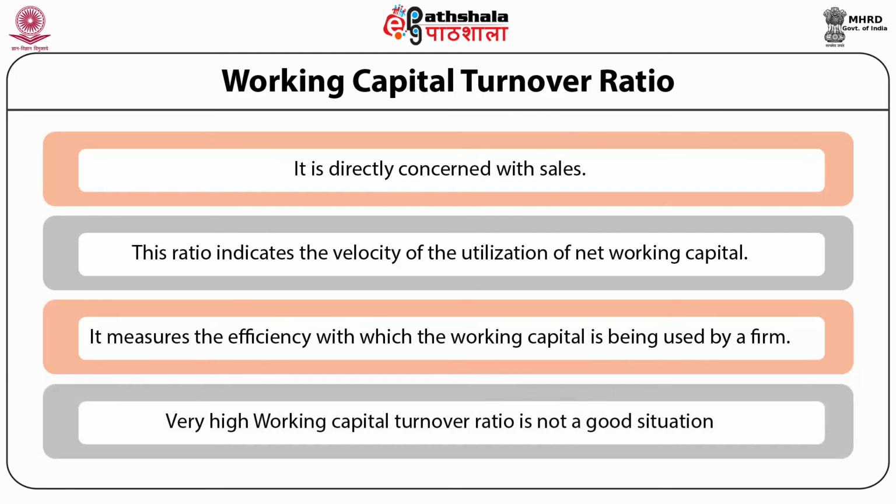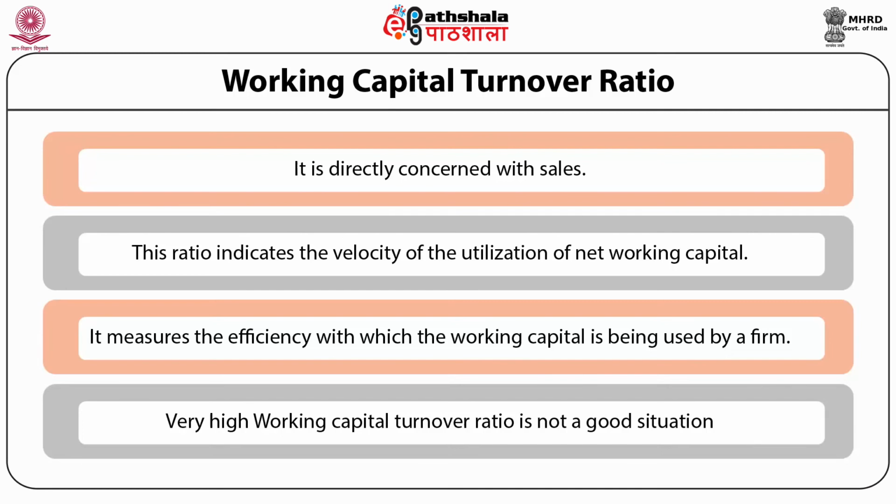Higher ratio indicates efficient utilization of working capital. Lower ratio indicates inefficiency. Working capital turnover ratio can at best be used by making comparative and trend analysis for different firms in the same industry and for various periods.